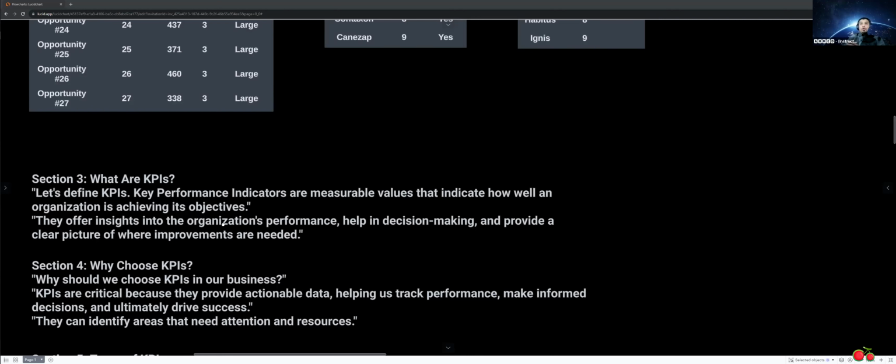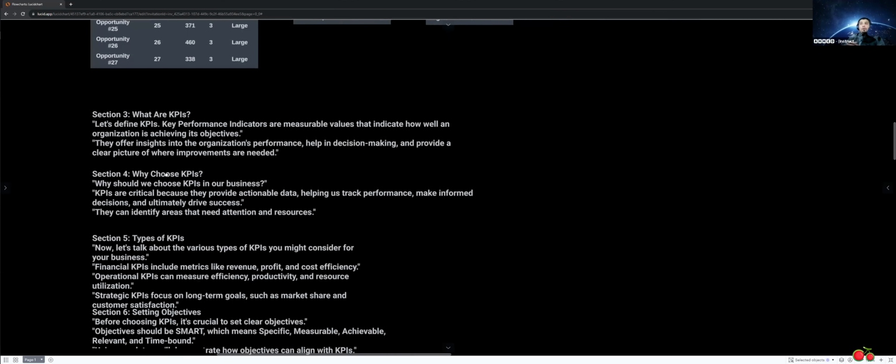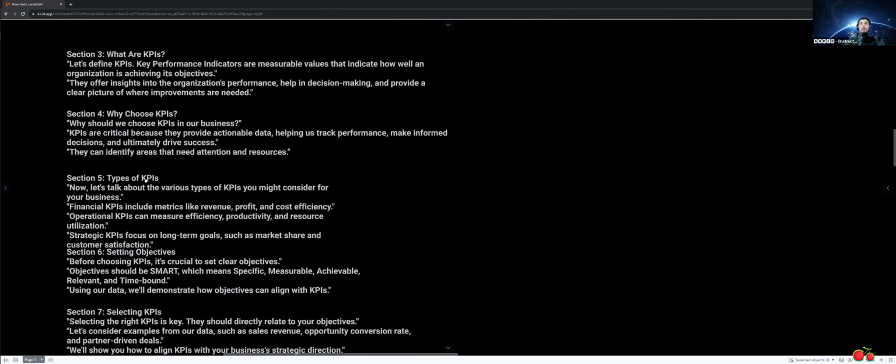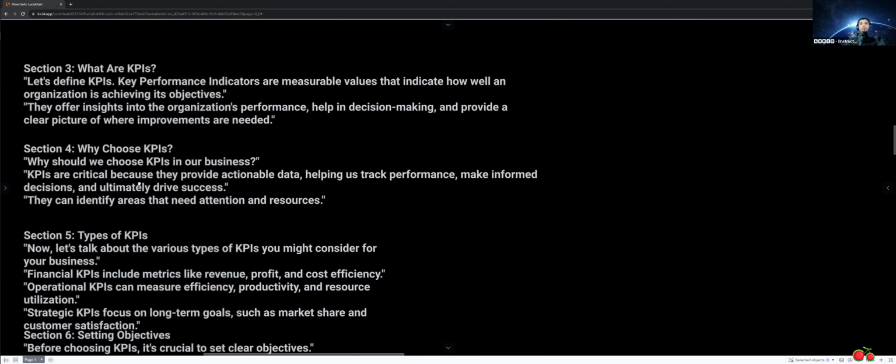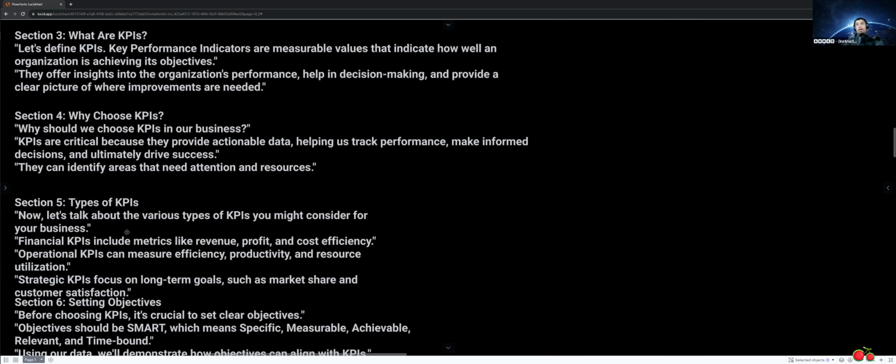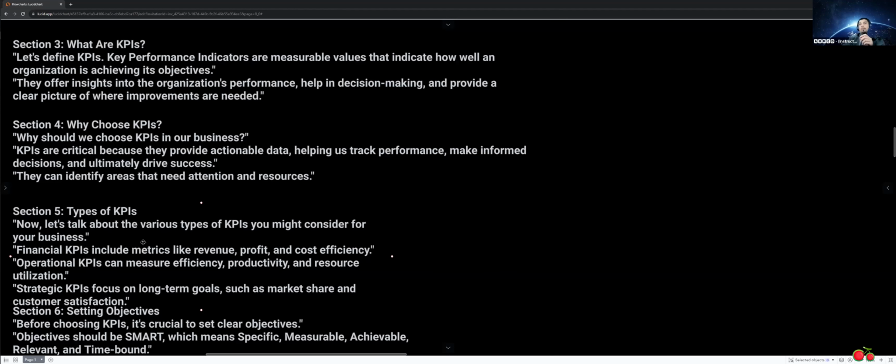Now, once you do that, then after that, we will jump to the types of KPIs, right? Now we can talk about the various types of KPIs you might consider for your business. There are financial KPIs, which include metrics like revenue, profit, and cost efficiency, correct? And operational KPIs that measure efficiency, productivity, and resource utilization.